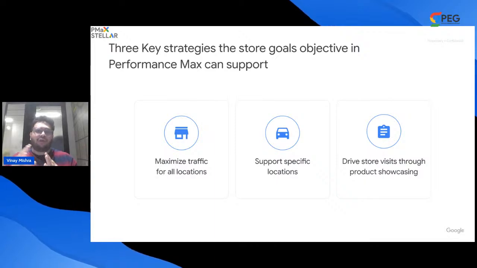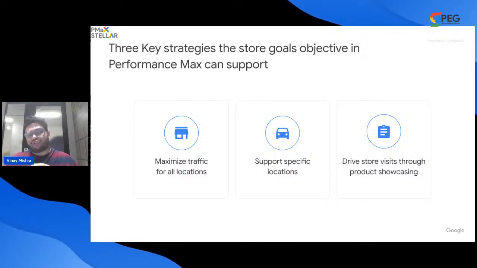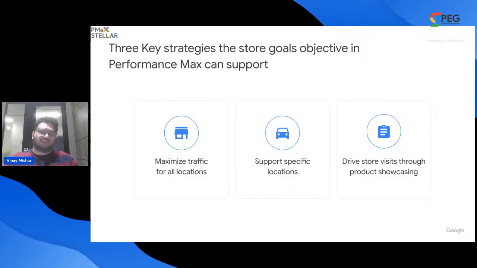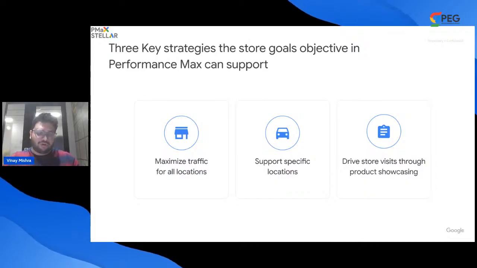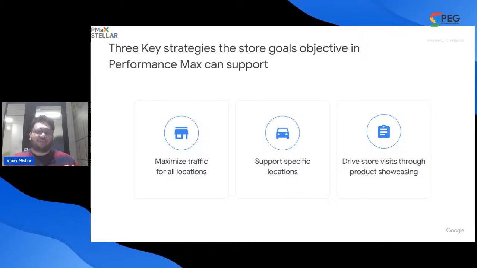You can use these specific areas to support the locations which you've recently launched, or at the same time, if there are specific locations which you feel are not really getting much traffic, you can support those locations as well. And in terms of driving store visits through product showcasing, you can also showcase the product, the benefits of the product, and the uniqueness that the product offers when compared to the competitors.